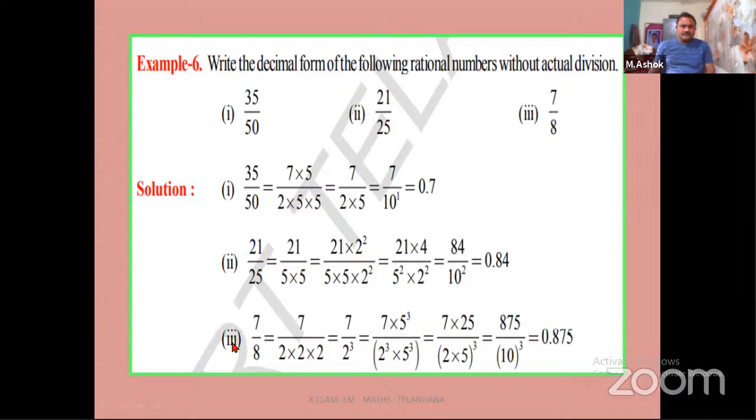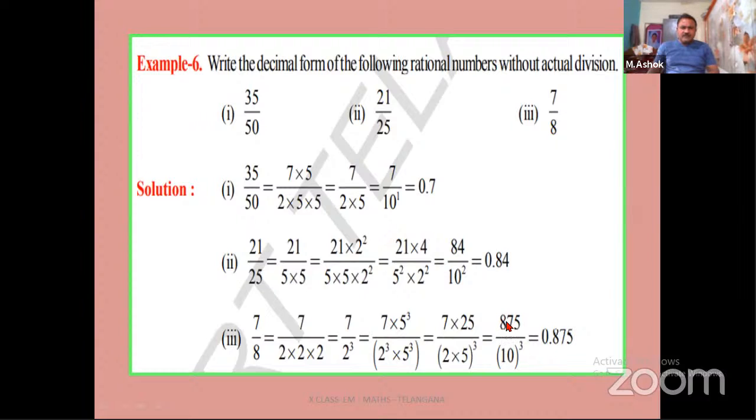Now look at the third sum. 7 by 8: we know very well 8 is 2 cube. 2 cube means we need to multiply both numerator and denominator with 5 cube. Why? To get 10 cube. If you multiply 7 with 5 cube, which is 125, we get 875 by 2 into 5 to the power of 3, which becomes 10 cube.